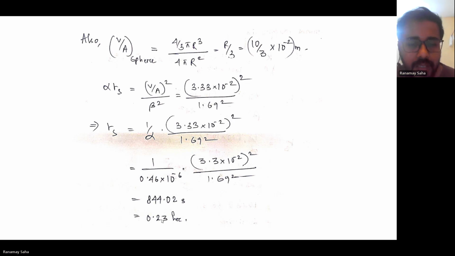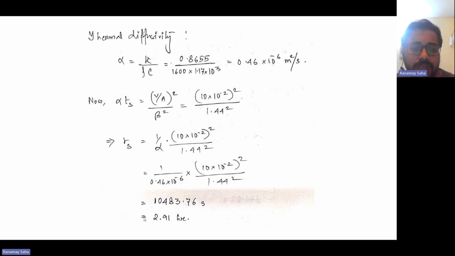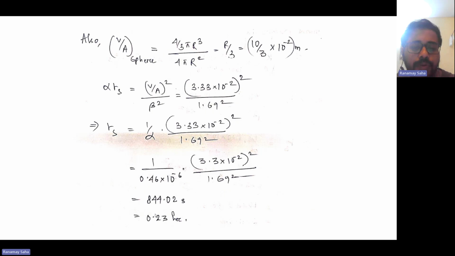Okay, so there is one interesting thing to notice here. When we consider the sphere, we have seen the solidification time has significantly reduced from almost 3 hours in the earlier case to 0.2 hours in this case.